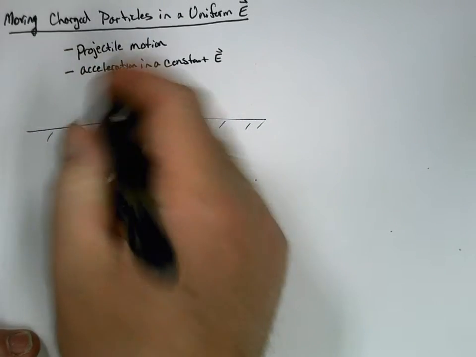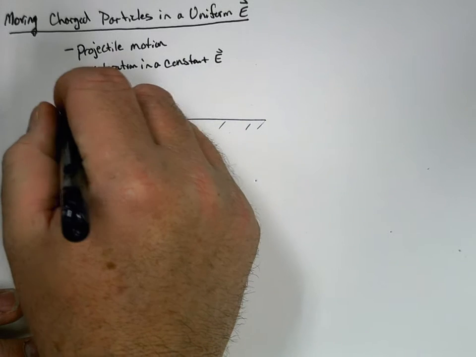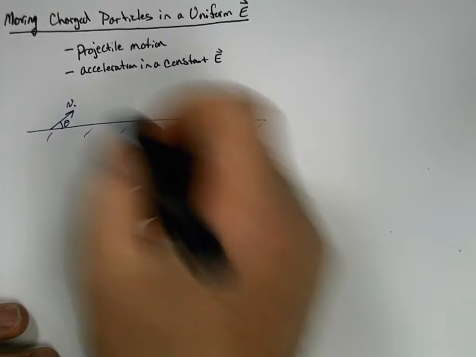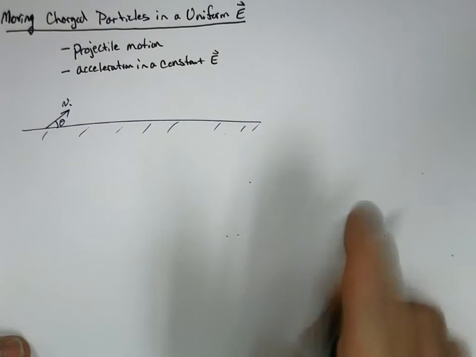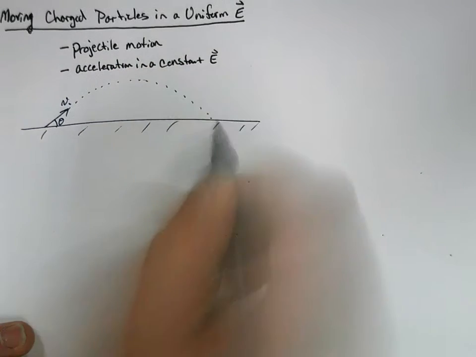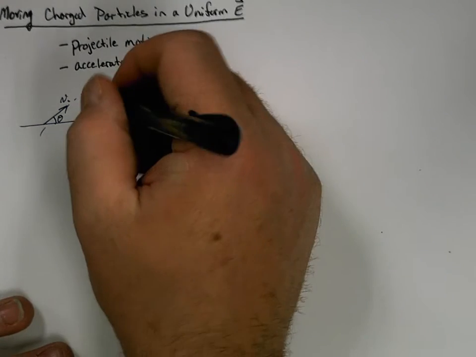Gravitation. Okay, never mind. All right, so we have an initial velocity and we have a particle that gets launched up at an angle theta and it travels like that.